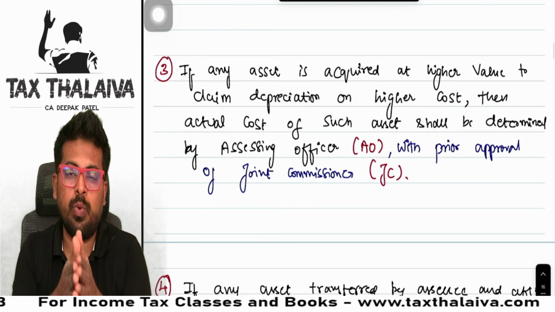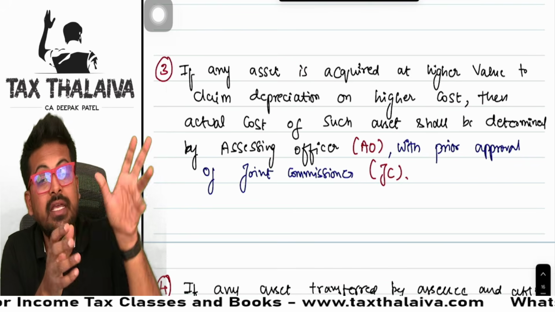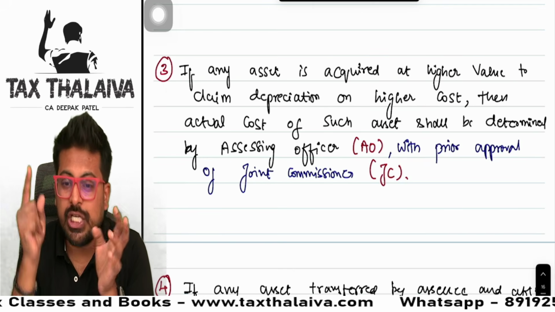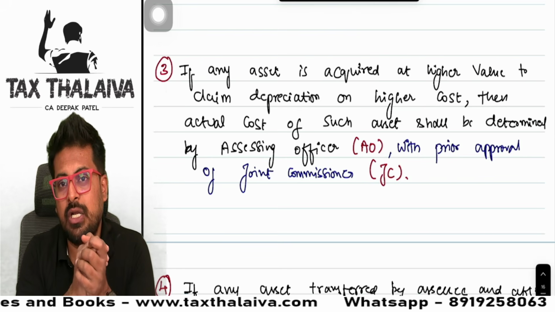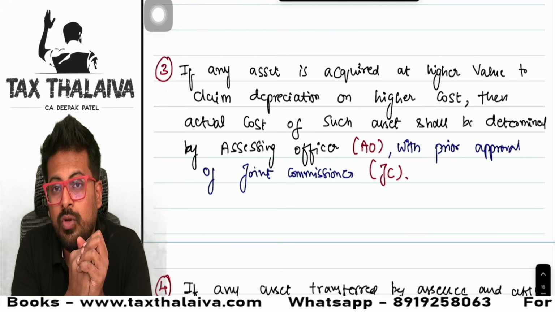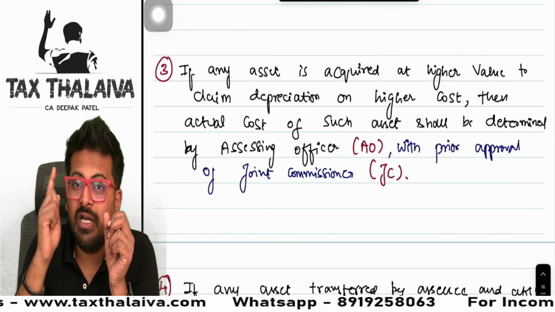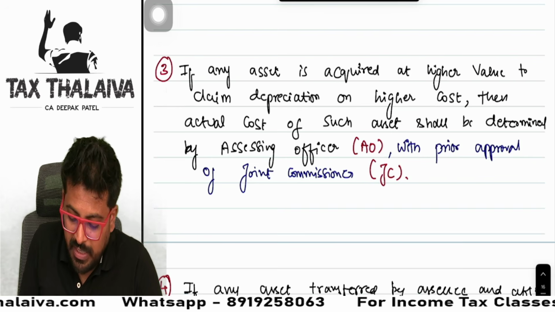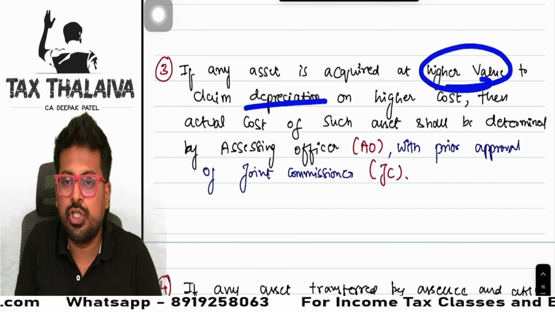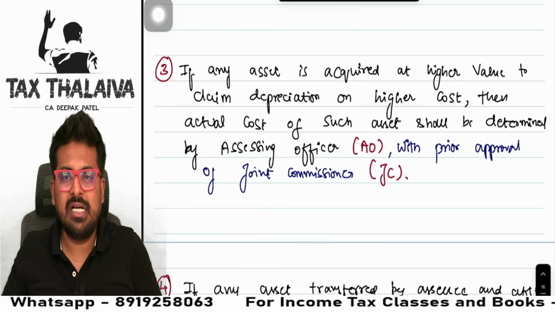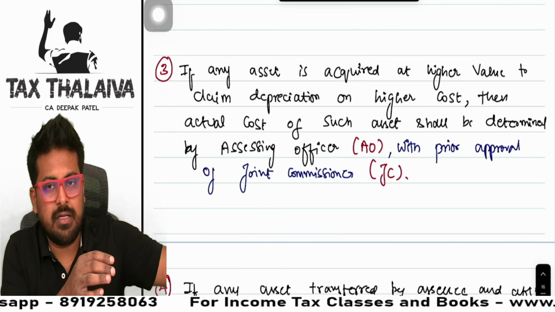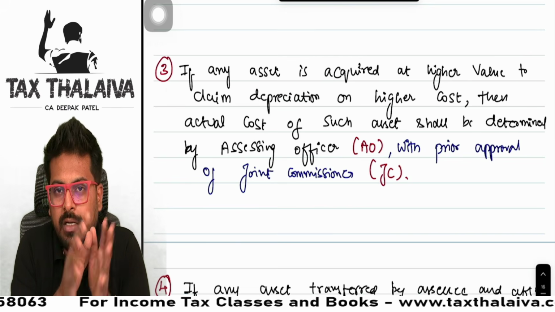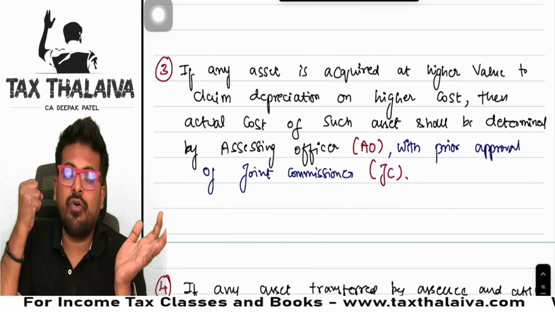If any asset is acquired at a higher value just to claim more depreciation, in that case, mind you, the assessing officer will decide what should be the actual cost of the asset. Let's say an asset's fair market value is just 10 lakh rupees, but you are acquiring the asset for 1 crore.